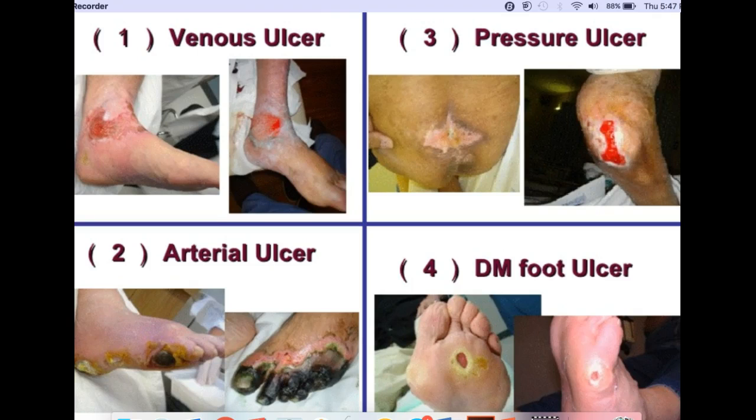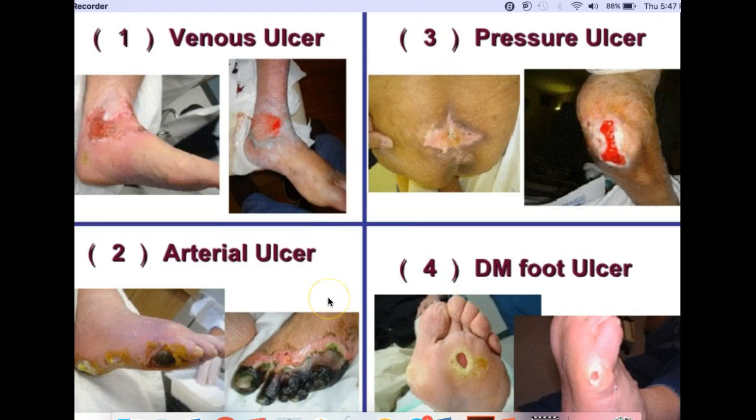So this slide just shows you some of the different skin integrity issues that elderly people can face. Now, younger people can face these issues as well, but it's just more prevalent in the elderly population. The first one shows you a venous ulcer. You can see that it's open and infected.